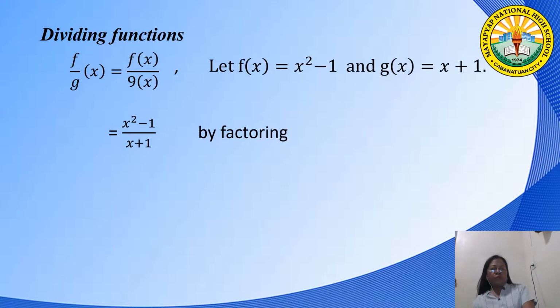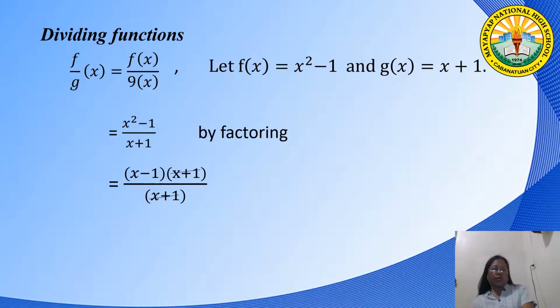You observe that the numerator is factorable. So that is a difference of squares. By factoring, this becomes x minus 1 times x plus 1, divided by x plus 1.